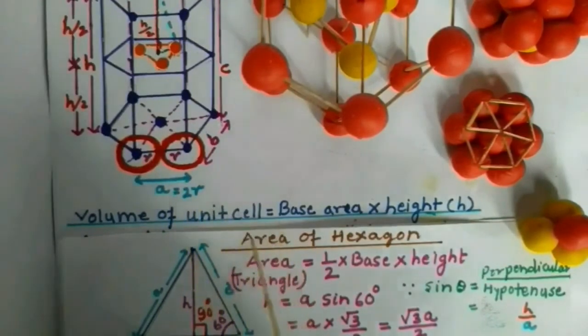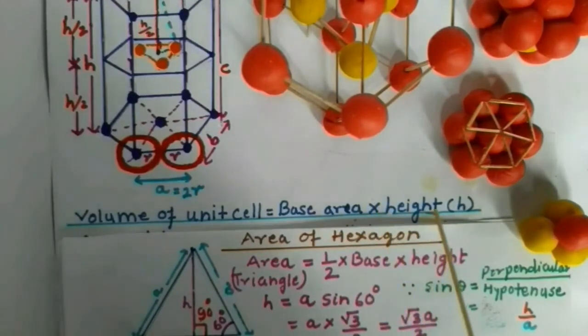Now let us calculate the area of hexagon, that is the area of the base. If we have to find out the volume of the unit cell, first we have to calculate the area of the base, that is hexagon, and then we have to multiply it with the height.